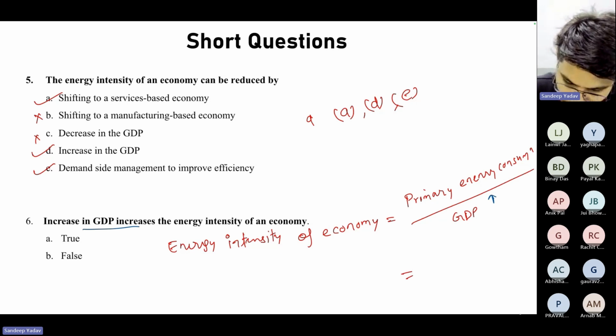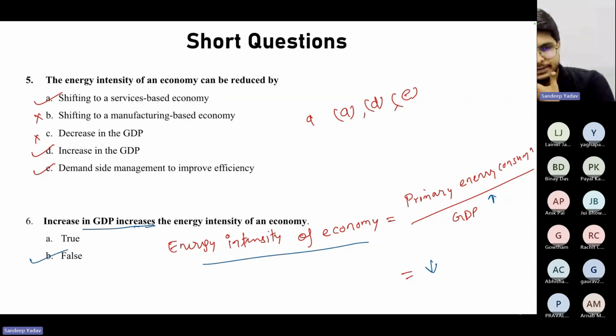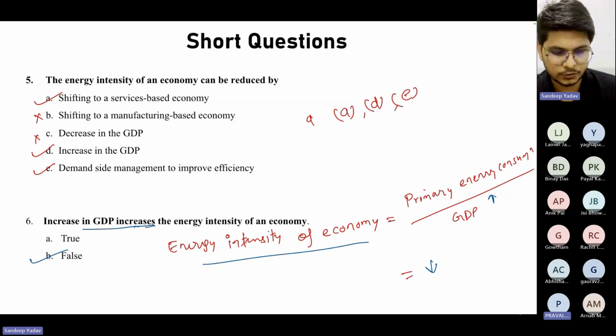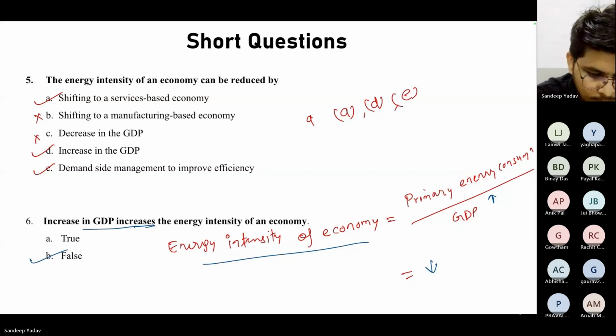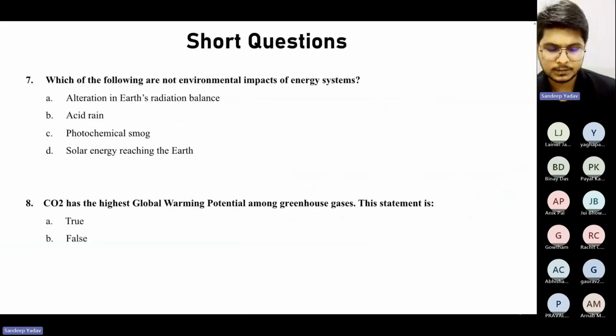Then the energy intensity of an economy will decrease. But here the statement says it increases, so that statement is false. We are just asking the opposite question, but whatever you're saying is right. You just see what the question is asking. I hope this answers your question. Thank you. I'm moving ahead.